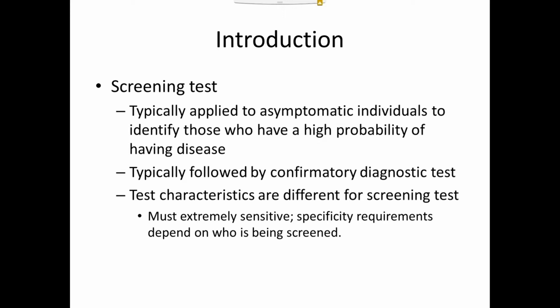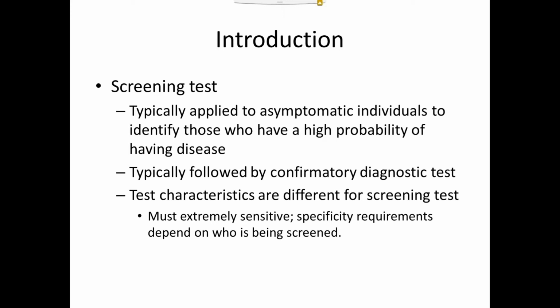A diagnostic test is considered a screening test when it's typically applied to asymptomatic individuals to identify a group of patients who have a higher probability of having a disease, and it's typically followed up with a confirmatory diagnostic test. And screening tests should have different characteristics than other kinds of diagnostic tests, because the probability of having the outcome or disease of interest is much lower in this asymptomatic group.